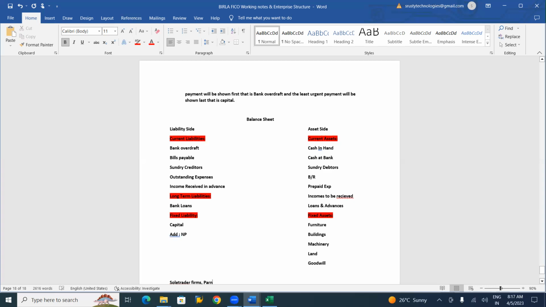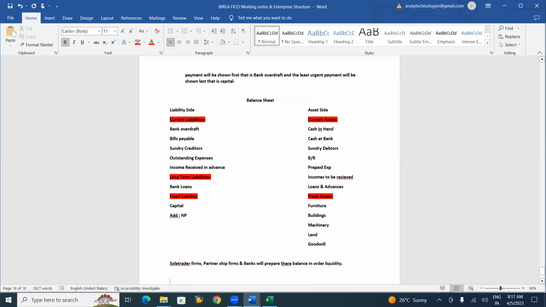Partnership firms will follow this format, and banks will prepare their balance sheet in order of liquidity.